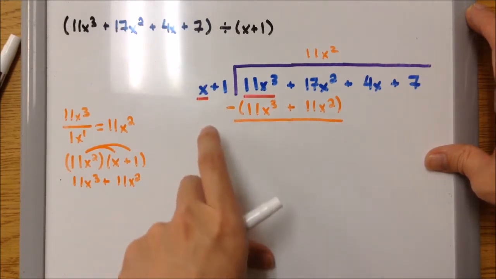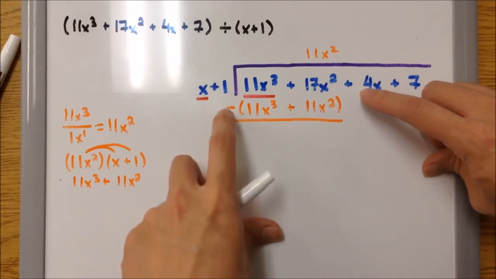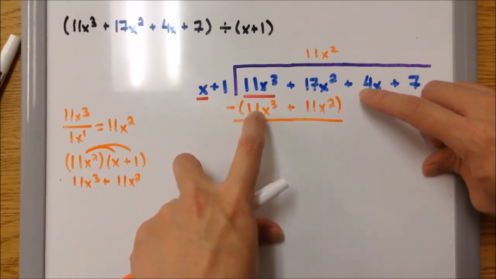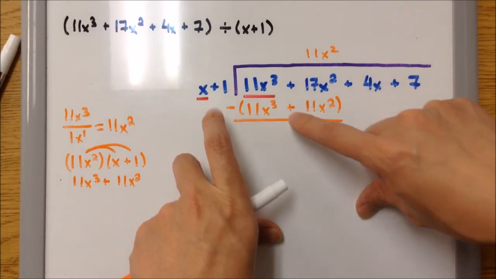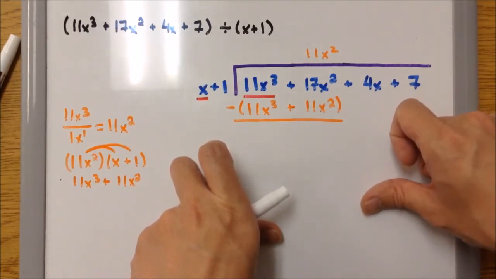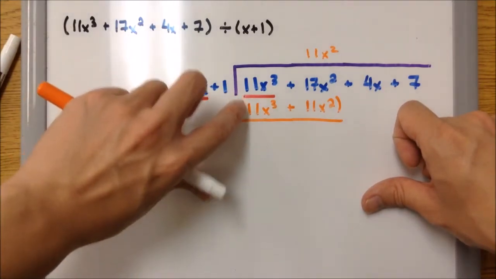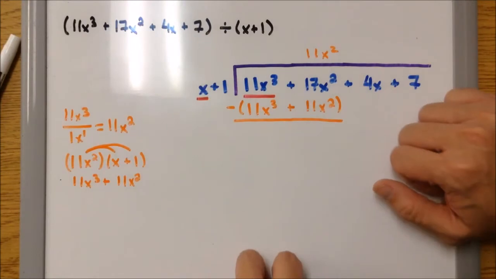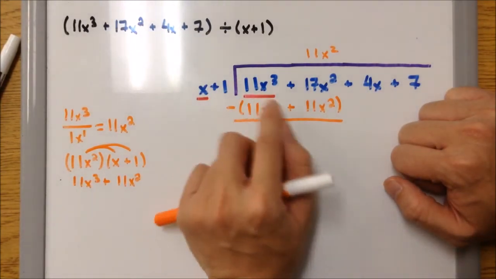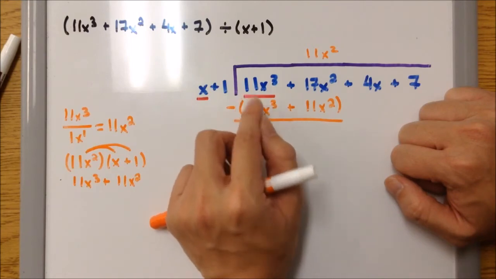So if I don't want to keep the parentheses, I'm going to distribute the minus to this 11x to the third and this positive 11x squared. So first I'm going to distribute the minus to the 11x squared, so that's going to be negative.